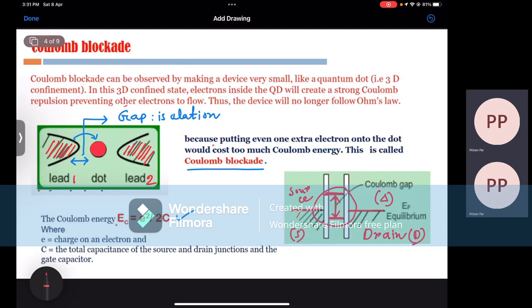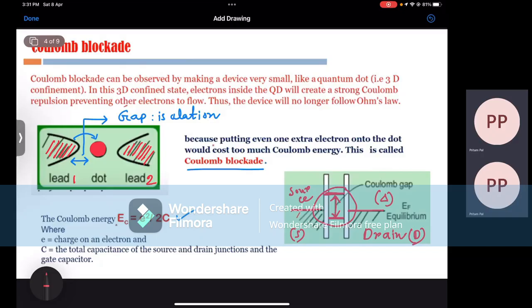Suppose an electron has to make a transition from the source side to the drain side, it has to cross a potential barrier. There are also some probabilities associated with the transition, and it is related to how much gap the electron is experiencing. So suppose it's infinitely gapped, or a very huge gap compared to the energy level associated with the electron, then the electron can never make the transition from one side to another. It becomes impossible, right?